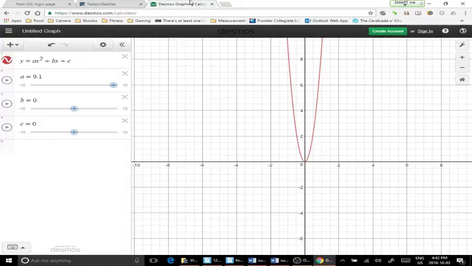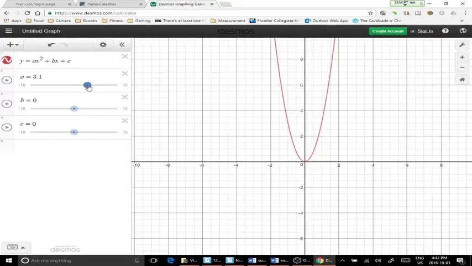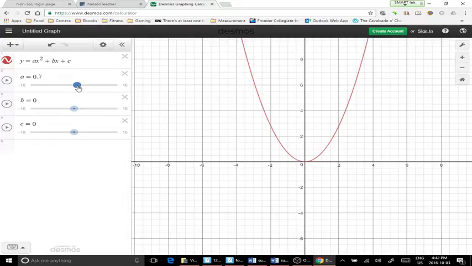Now, if we decrease the value of A, the graph becomes compressed. Or another way of looking at it is the graph becomes fatter. So the graph is compressed vertically or becomes fatter.